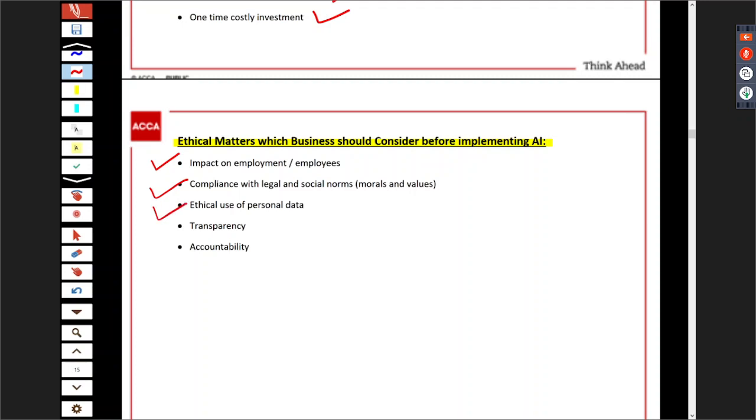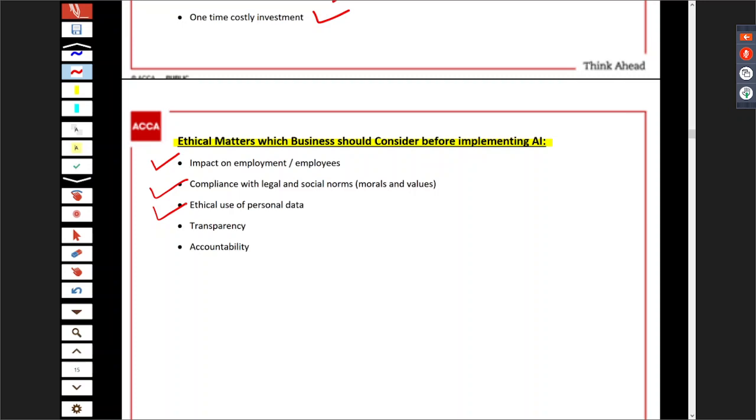Then ethical use of personal data. This is a big topic that a lot of these fintech companies, a lot of these tech giants, they misuse the data. They sell our personal data to all these big data companies. You know that, right? They make money from our data. A lot of these companies make money from us because they share our data amongst them.